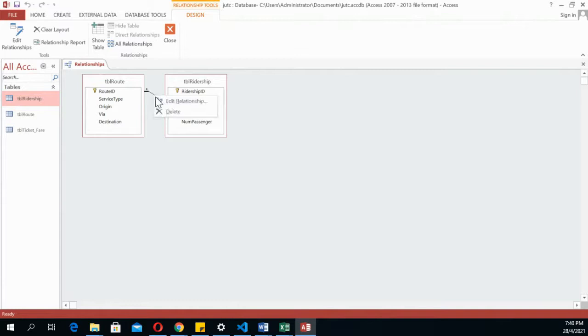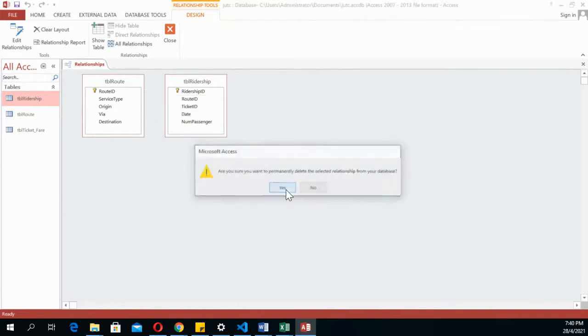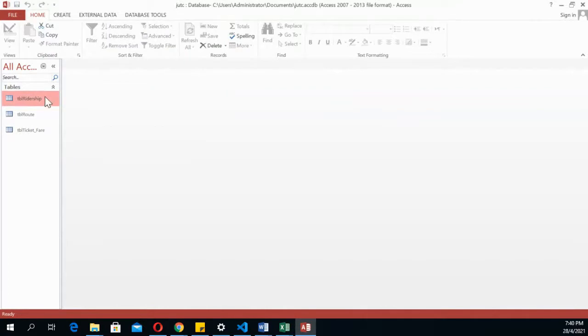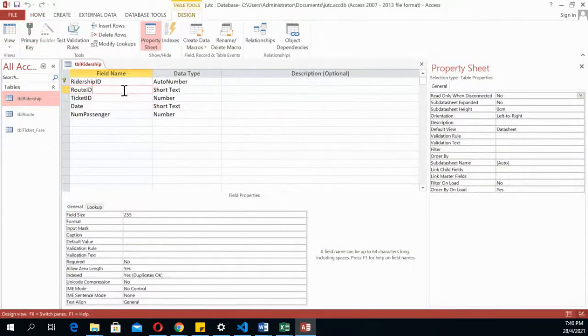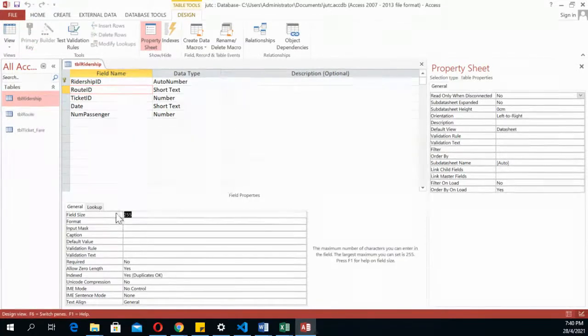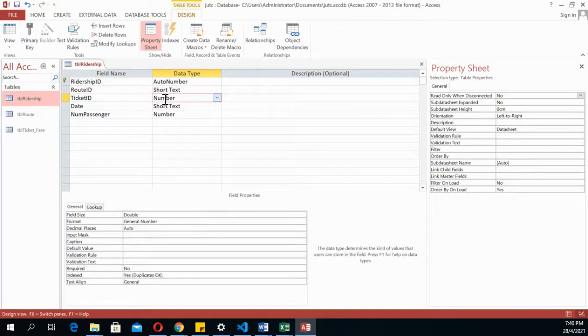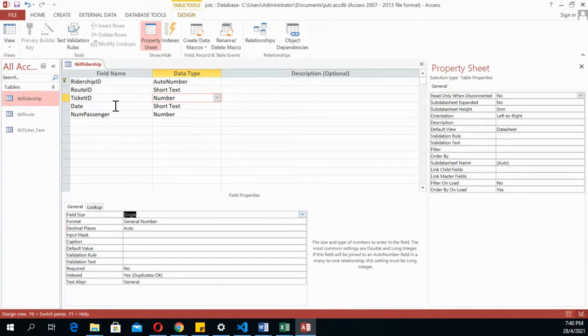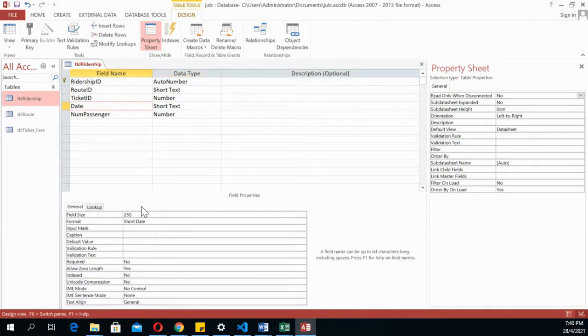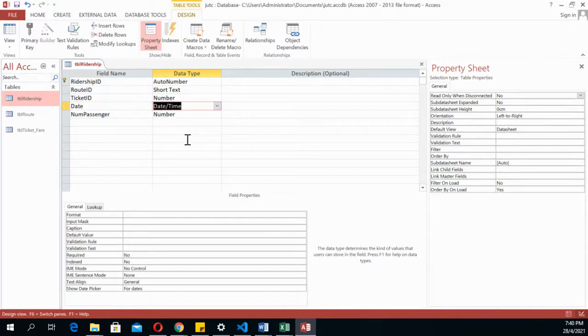So just in case anything like that happens to you, you can delete the relationship. Yes, close, and I'm able to get back to my ridership table. Route ID is also supposed to be 4, so I'm not going to use that. So short text for ticket ID was number, single, and this date, short date, is supposed to be date and time.